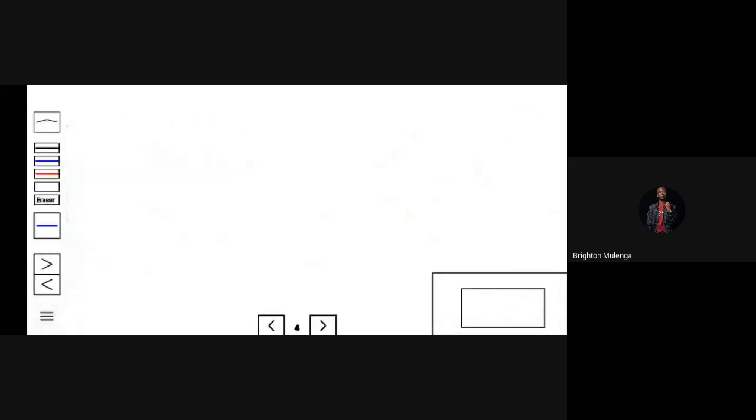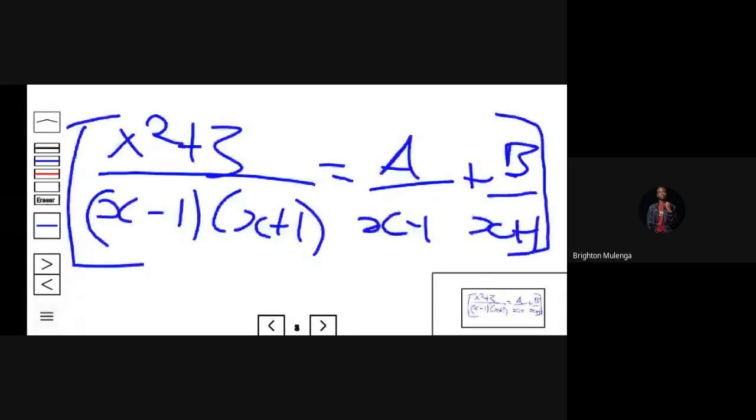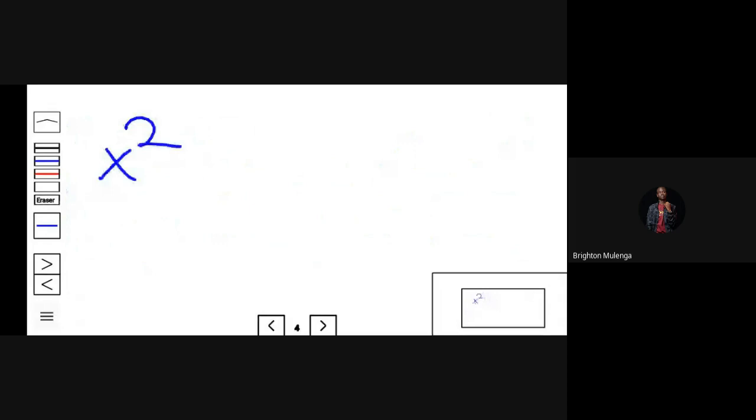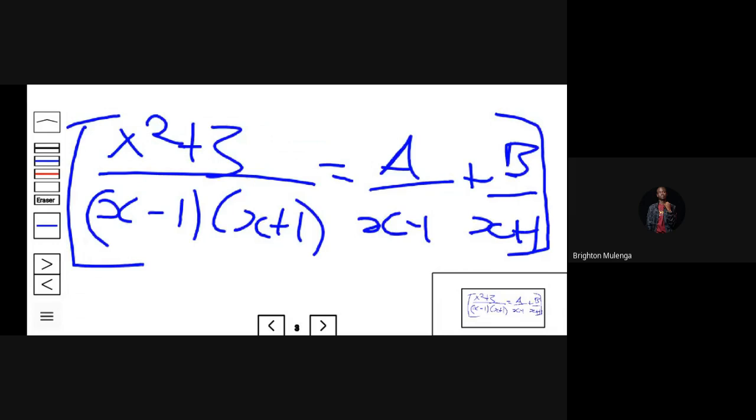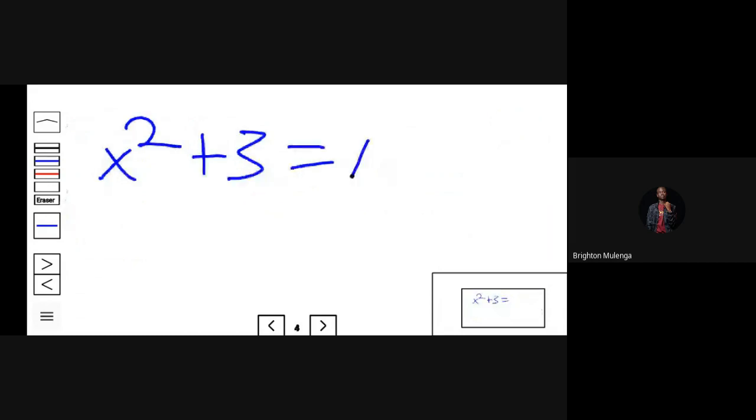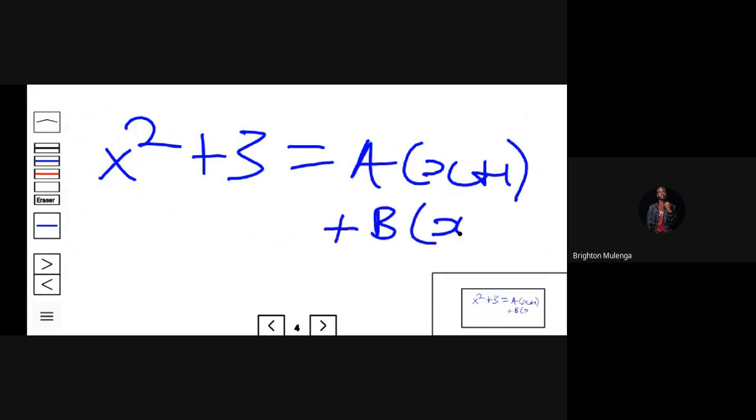Mainly what we are going to have after manipulating this is x squared plus 3 equal to A times x plus 1 plus B times x minus 1.